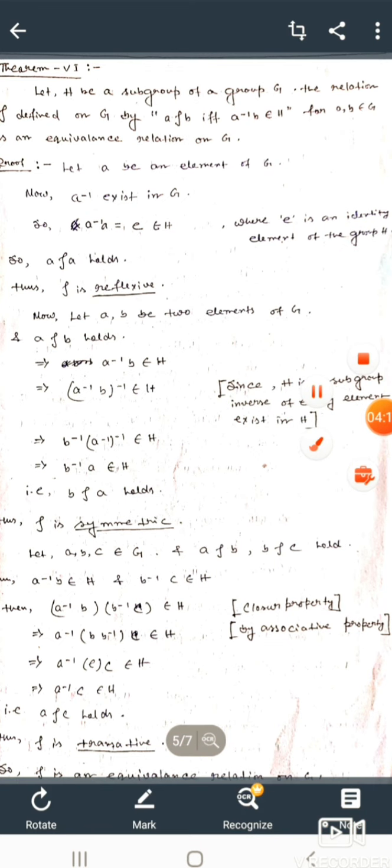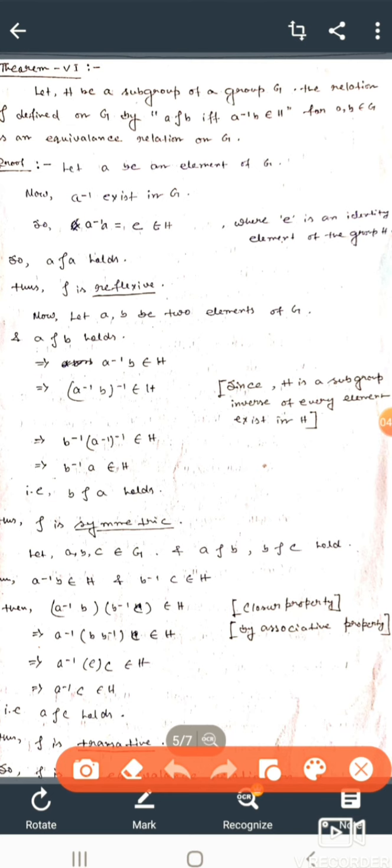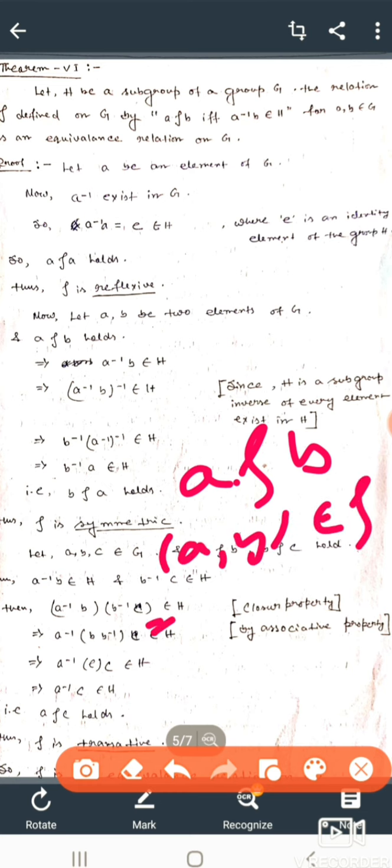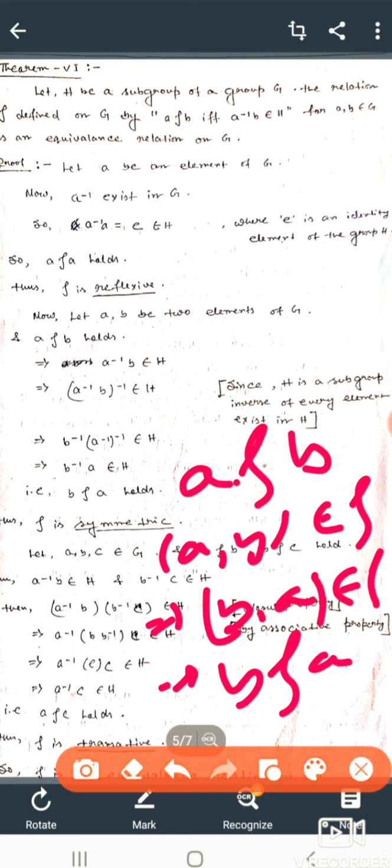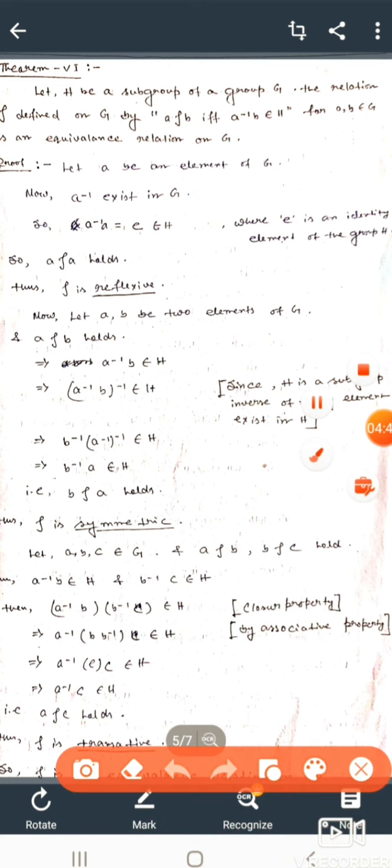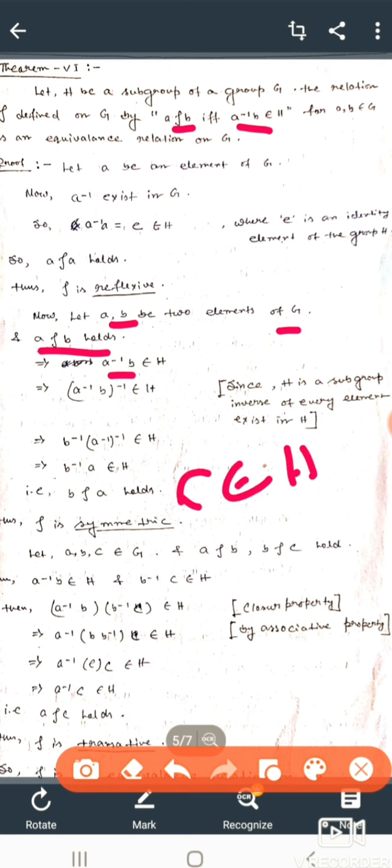Now in case of symmetry, if A rho B holds, that is (A, B) belongs to rho, then we have to show that (B, A) also belongs to rho, that is B is rho related with A. For this, let A, B be two elements of G, and A rho B holds, that is A inverse B belongs to H. If any element belongs to H, then its inverse also belongs to H, as H is a group.